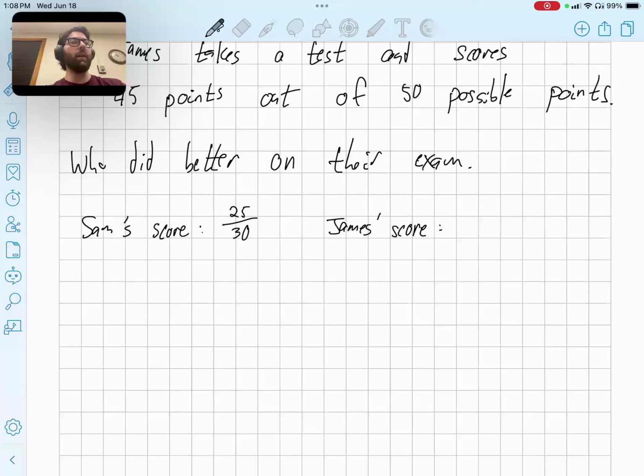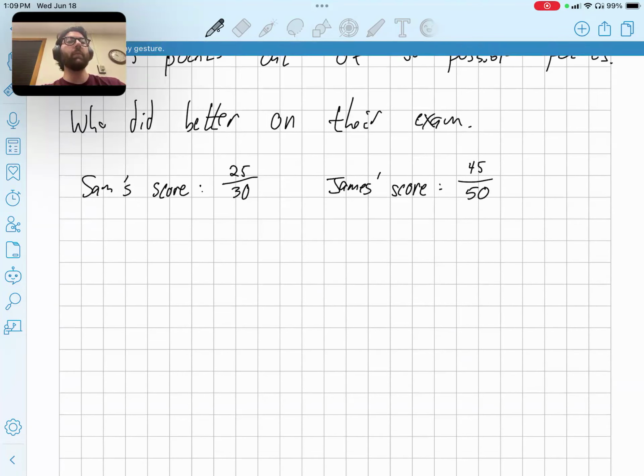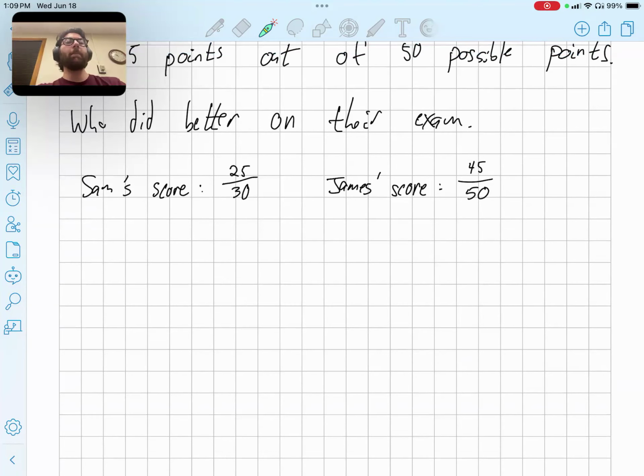And so we can write this as a fraction, 45 out of 50. And so here, it's hard to compare these fractions because even though 45 is bigger than 25, we can't directly say, oh, 45 is bigger, so James did better, because we have different denominators.